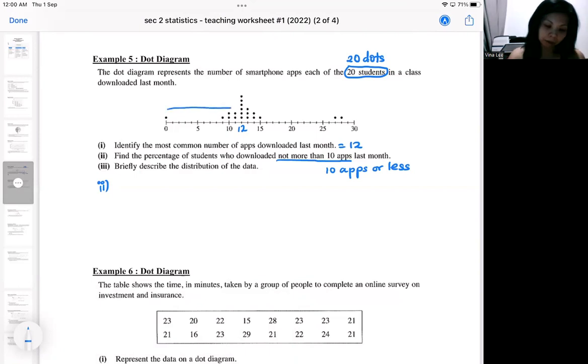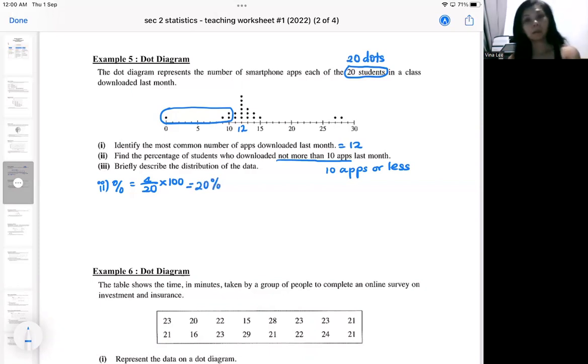These are the 4 students who downloaded not more than 10 apps. So the percentage here will be 4 out of 20 times 100%. 4 out of 20 is 20%. So sometimes you have to read the question carefully.